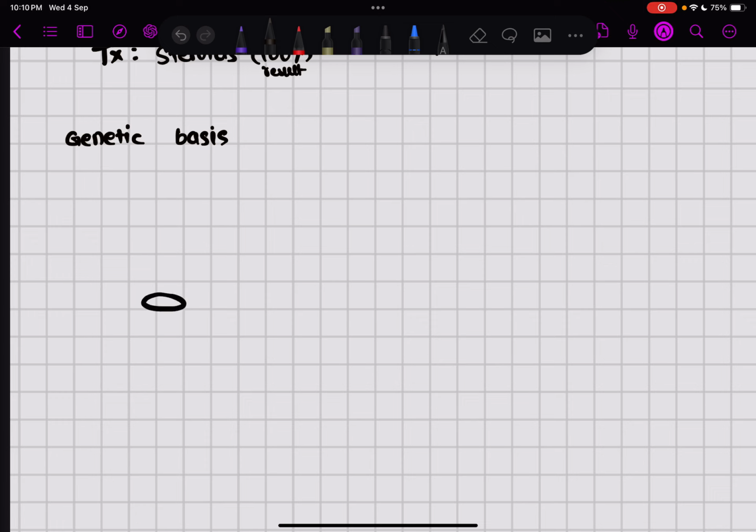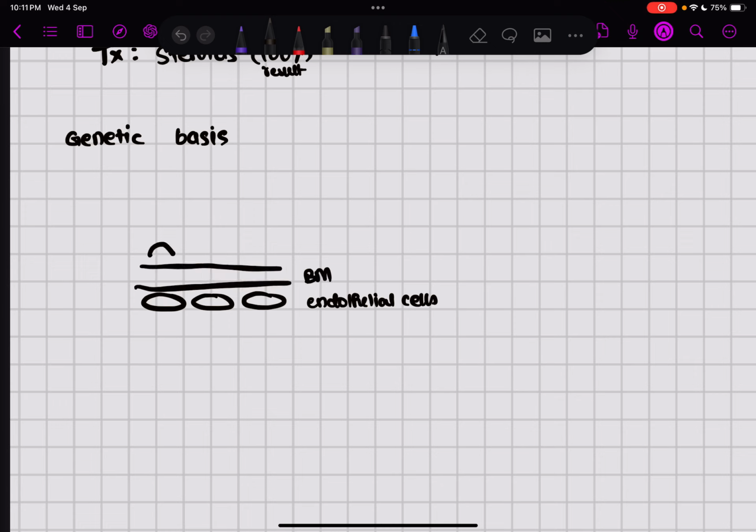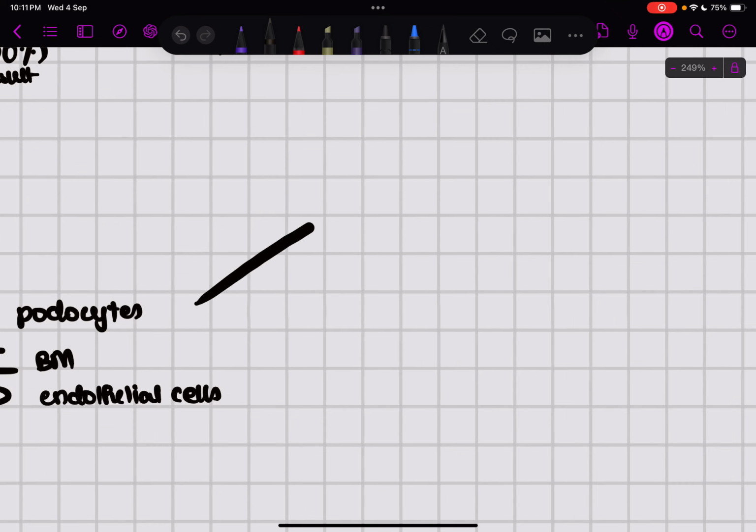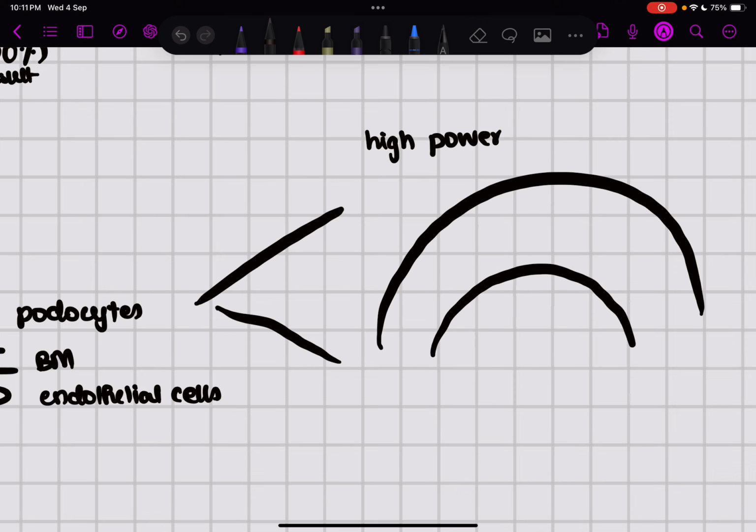The filtration membrane includes endothelial cells, basement membrane and podocytes, in which a high power view of podocytes gives the following structure.